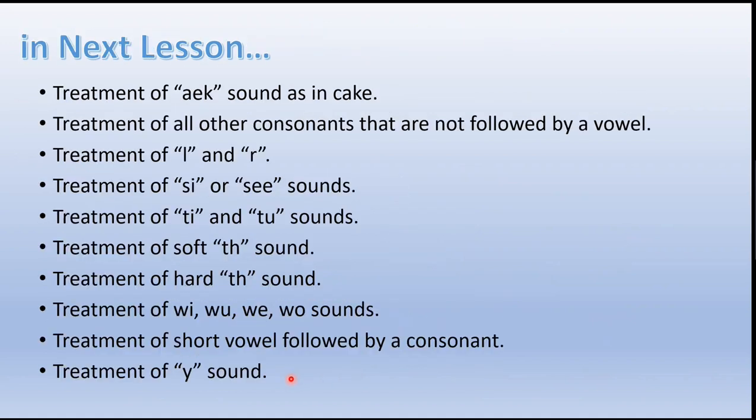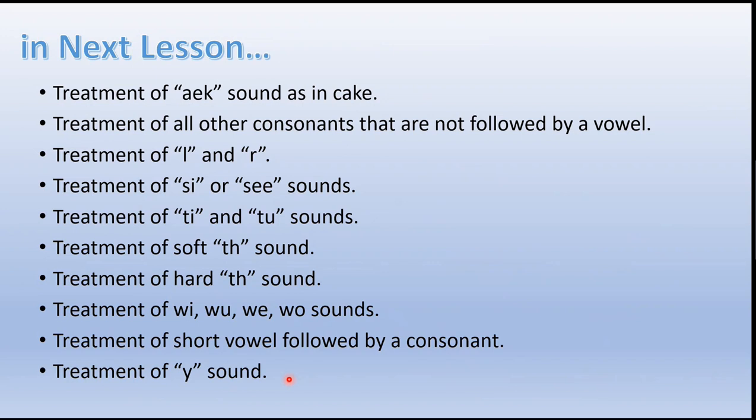So friends, we have seen 10 rules of writing or forming words in katakana. There are a total of 20 rules, of which we have seen 10 today, and the remaining 10 we'll see in the next lesson.